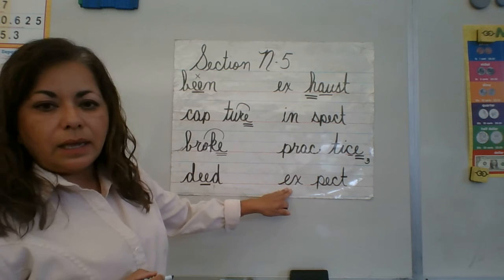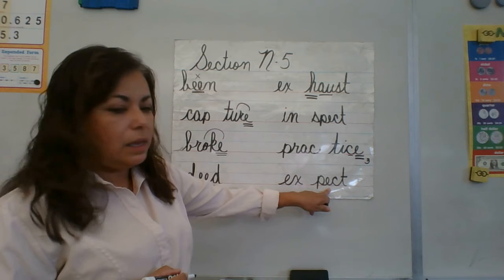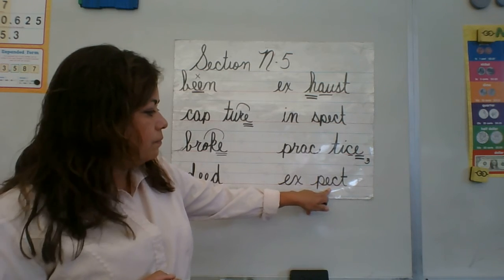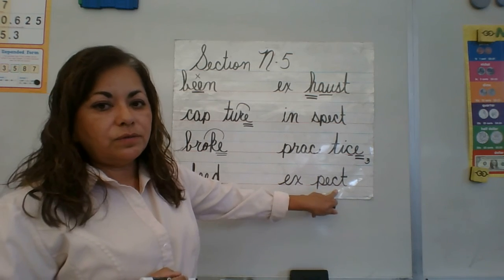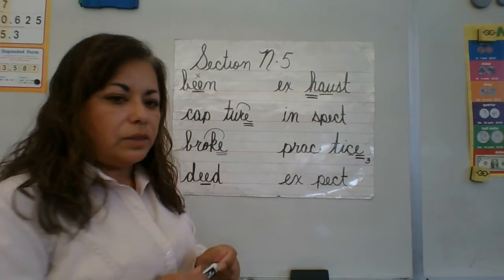X, E is saying its first sound, we don't mark it. Pect, E is saying its first sound also, we don't mark it. K is saying its first sound, we don't need to do anything. So we don't mark anything.